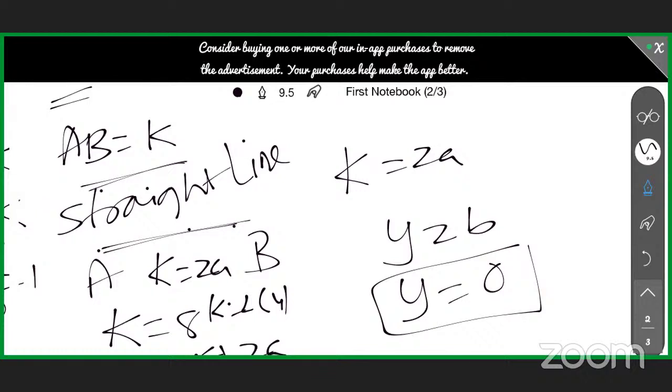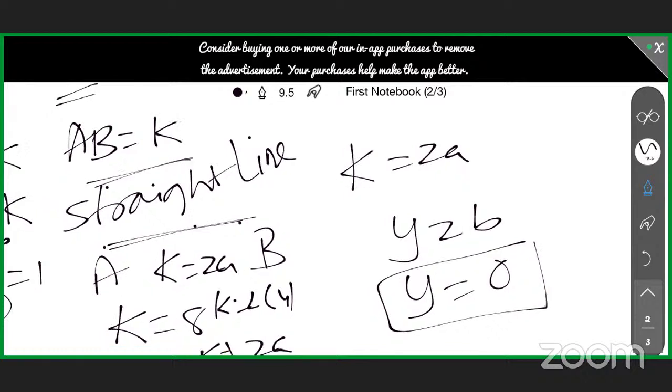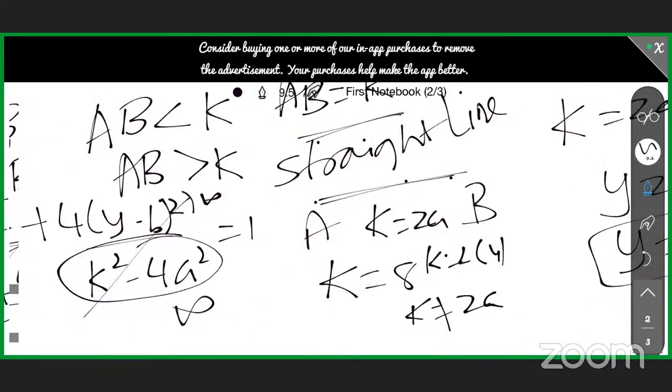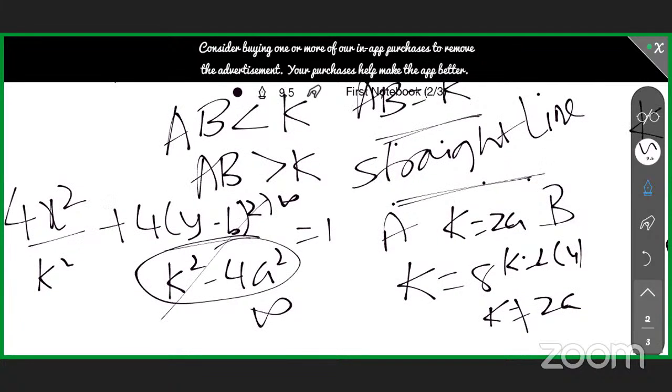Because we can't use the equation, just now we told the equation, no? We can't use this equation because my k is equal to 2a. When k is equal to 2a, we can't use the equation because the second entity is becoming infinity. Once something is infinity, we can't use that.